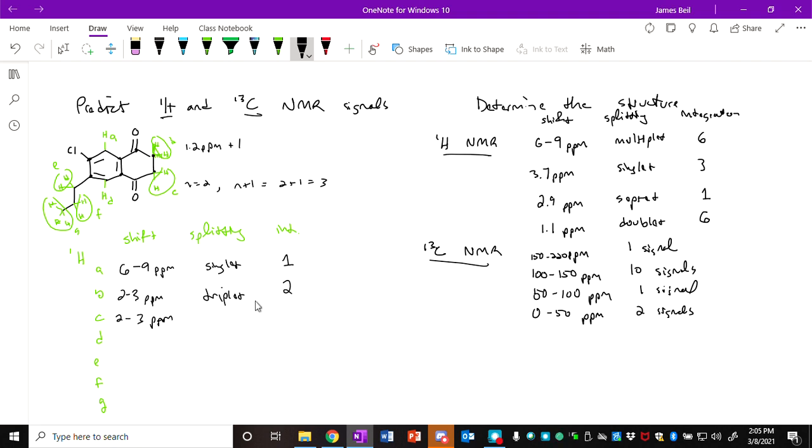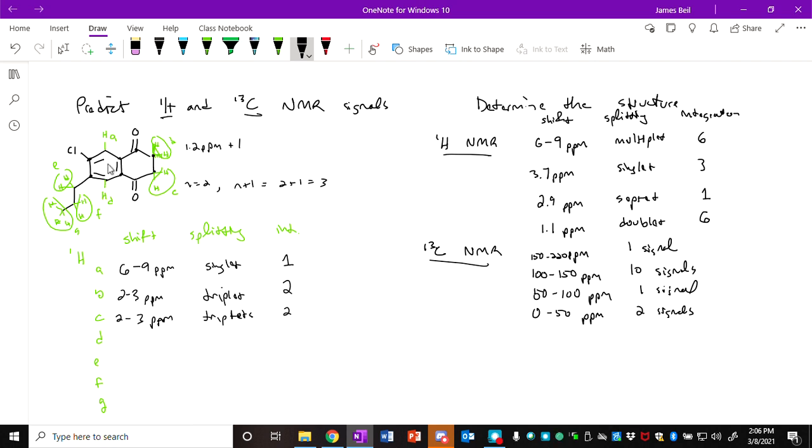And so I might see, instead of 2 separate triplets that each integrate to 2, 1 multiplet that integrates to 4, because they'd be splitting one another, and those triplets might overlap. It might be hard to tell that it's a pair of triplets. And it would definitely integrate to 4 because there are 4 total hydrogens. So that's something you'd want to look out for if you actually had an NMR to interpret.